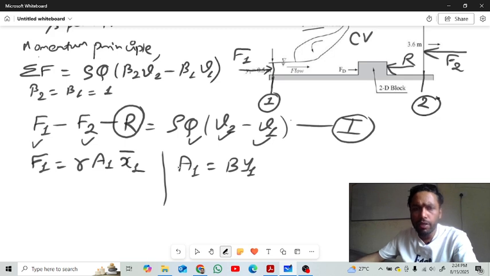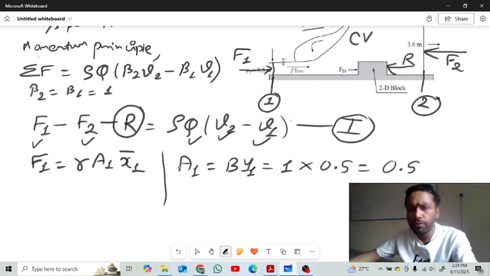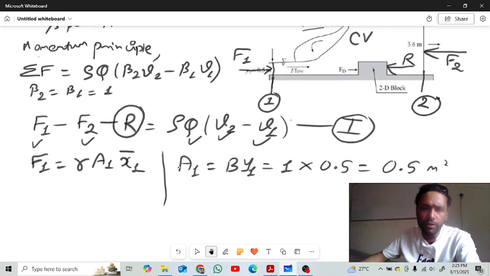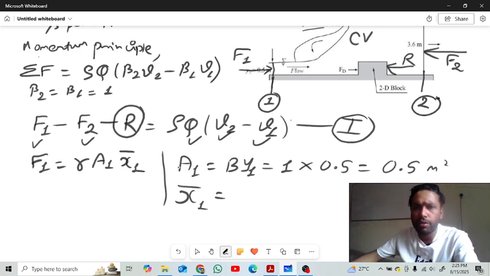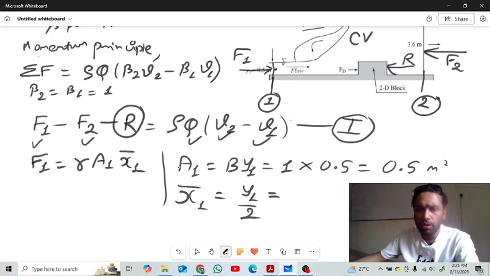You have B equal to 1 meter and Y1 equal to 0.5 meter, so A1 is 0.5 meter square. And x1 bar is how much? x1 bar is the distance from the free surface to the centroid of the cross-sectional area. So you can say Y1 by 2. If Y1 is the depth, then Y1 by 2 is x1 bar, that is 0.5 by 2, which is 0.25 meter.